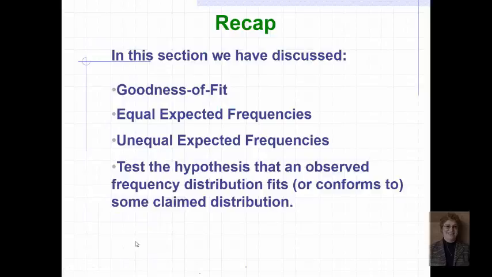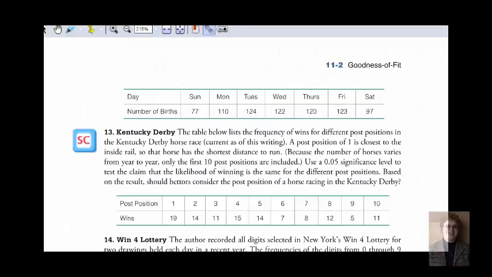Let's look at a couple other problems for this section, and then we'll go on and talk about contingency tables. Let's look at this problem from your textbook. This is number 13, on page 614 in your book. We look at the frequency of wins for different post positions in the Kentucky Derby horse race.